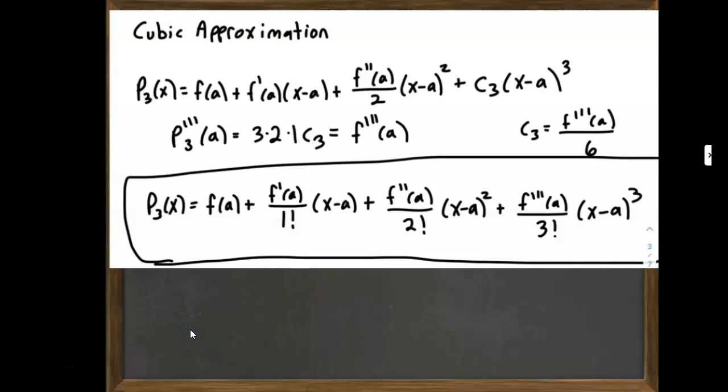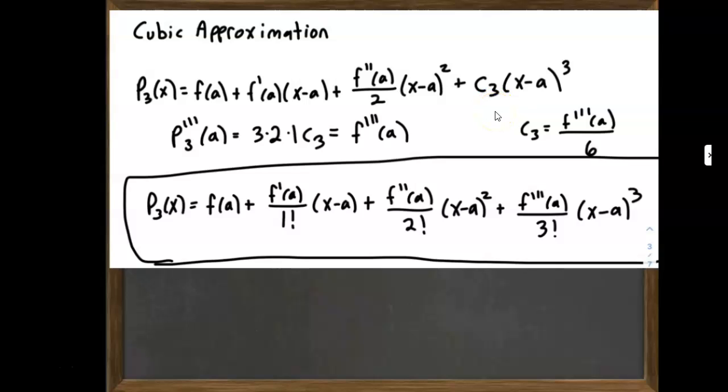Okay, so now we go up from our second degree approximation or quadratic approximation to a third degree or cubic approximation. So we take our quadratic approximation that we already had, f of a, f prime of a, x minus a, plus f double prime of a over 2, x minus a squared, and we add on a cubic term with c3.